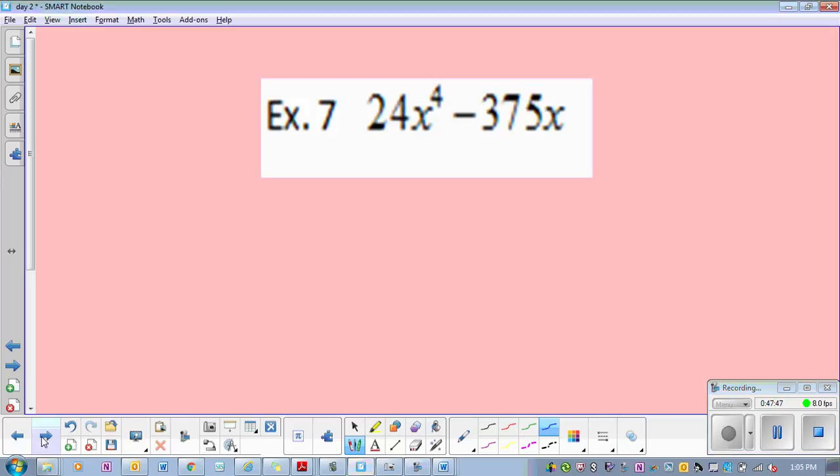All right, try this one, please. I can just look at it right away and go, wait a minute, this one has a GCF. Does it? Yes. No? Well then, if I look at this and I go 24 and 375, is there a GCF?